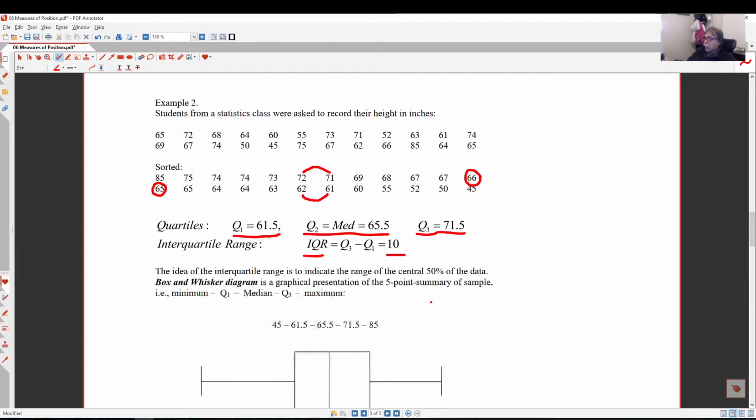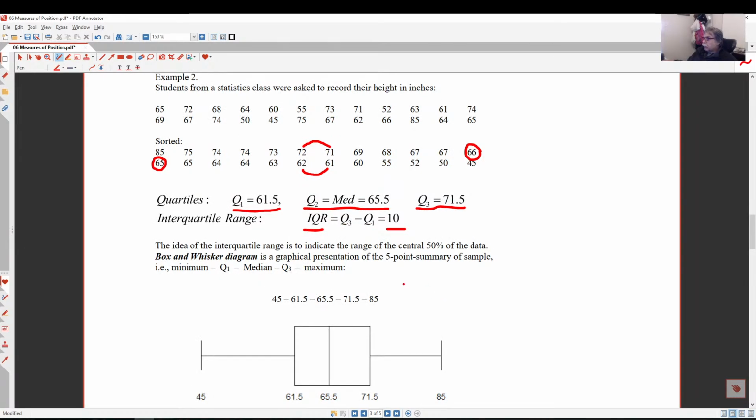Okay, now the 5 numbers: that would be minimum, quartile 1, median, quartile 3, and maximum. All easy to find.